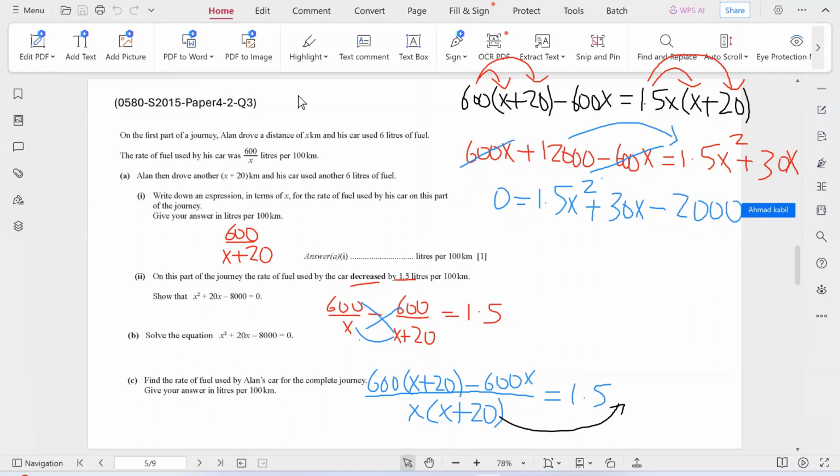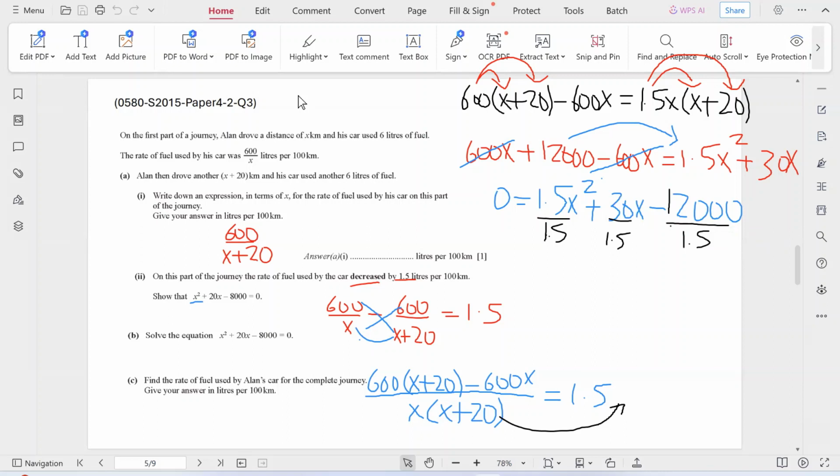But that's not exactly what they want. They want something with x squared without a coefficient, without a number next to it. So how would we go from our equation to this equation here? We simply divide everything by 1.5. So divide by 1.5 all around. Excuse me, there is a typo here. This is 12,000, not 2,000. So 12,000 divided by 1.5 as well.